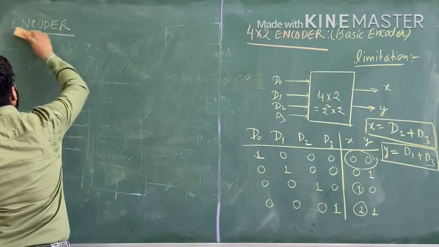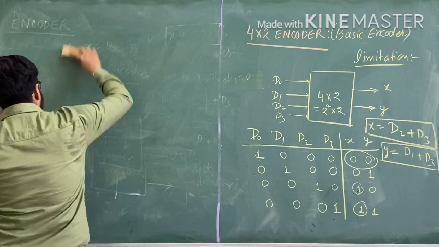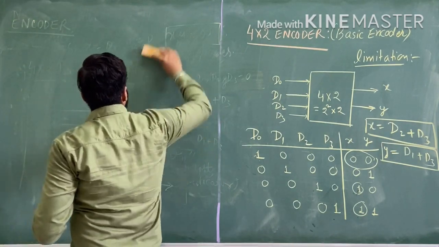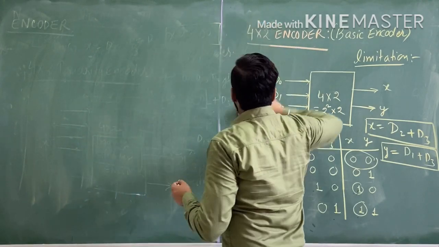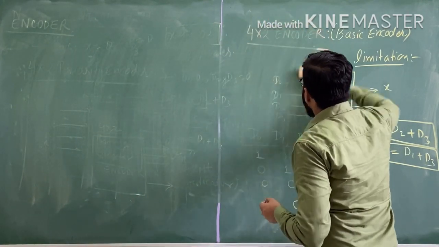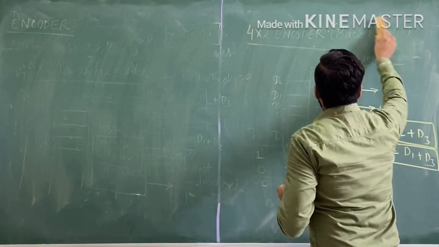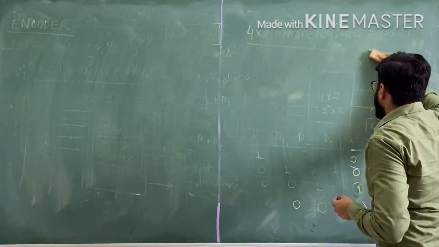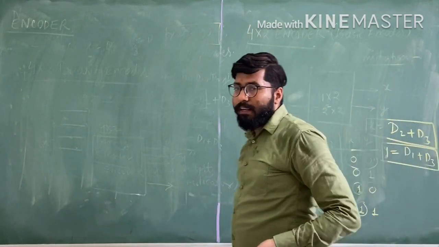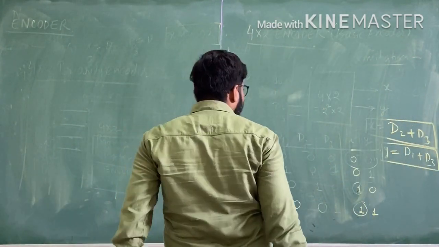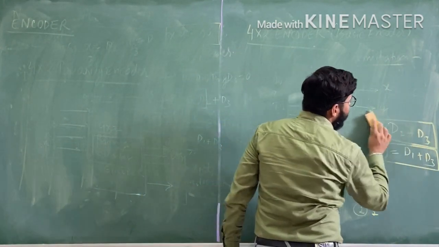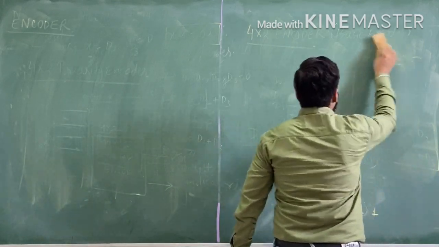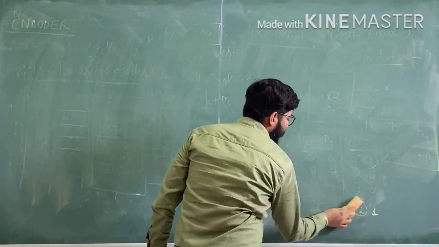In the multiplexer we have many inputs and one output, but in the demultiplexer we have one input and many outputs. That's why a demultiplexer is also called one input many output. So we will say here demultiplexer.